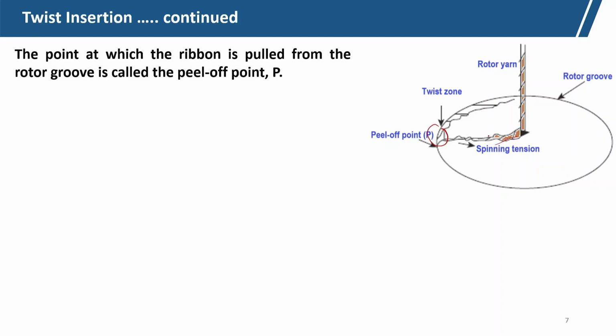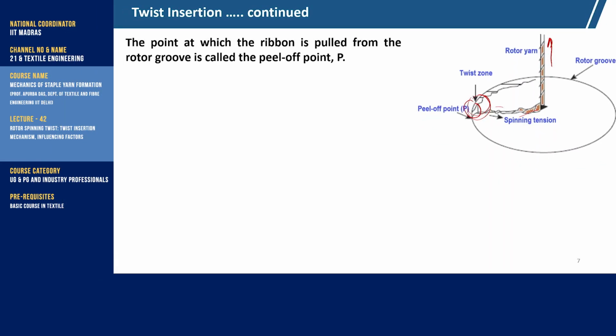The yarn tail is there and the tail end is twisted because of the rotor rotation, and this tail end is joined with the fiber ribbon, and due to the pull of the yarn, that is yarn tension, as the delivery has started, it will start pulling and the fiber ribbon comes out from the rotor groove. That point is known as the peel off point, which is denoted as P.